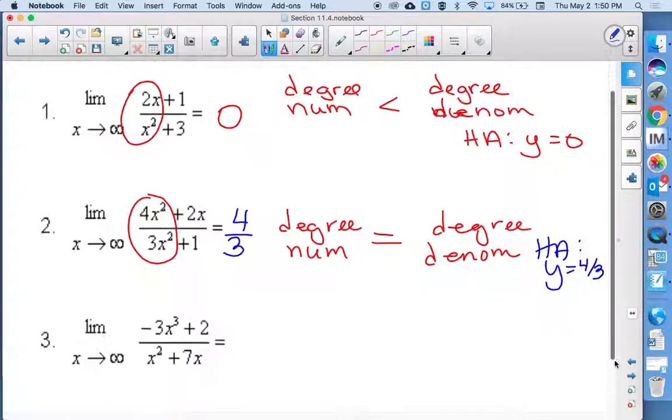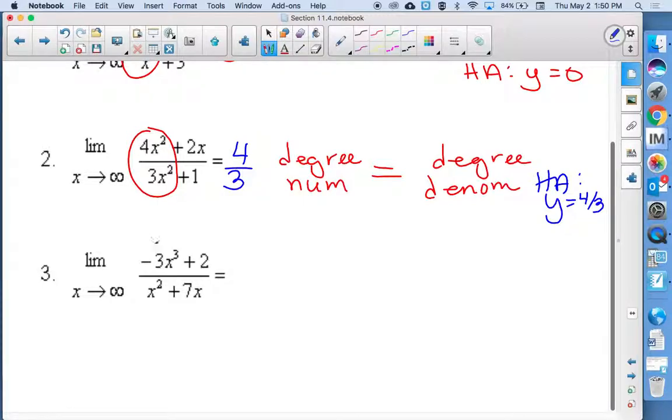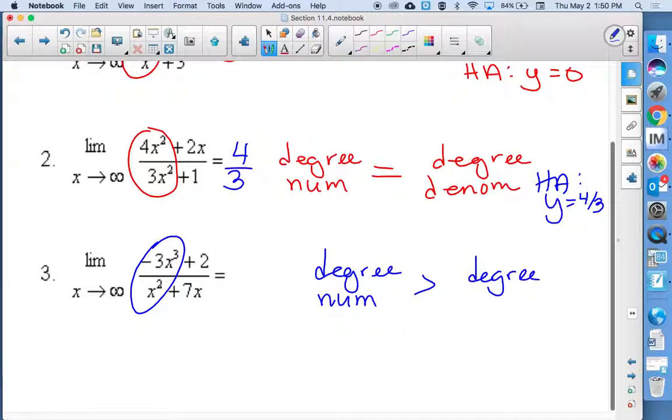And then the last case, the last option here, Brandon, what's happening with these powers? The power on top is greater than the power on the bottom. Yeah. What do you think that means, Brandon? Do we have to remember... solve for the numerator? Kate, do you remember? It doesn't exist. What doesn't exist? The limit or the asymptote.